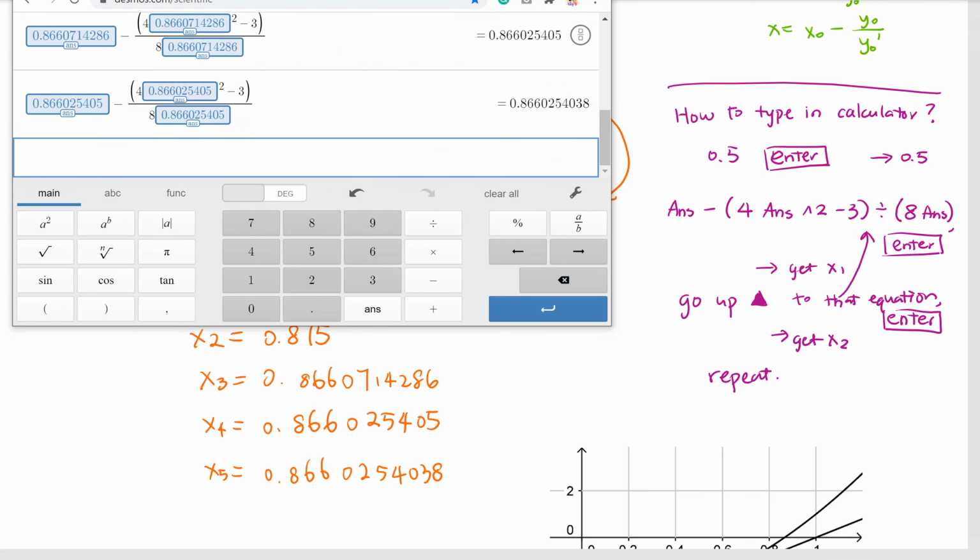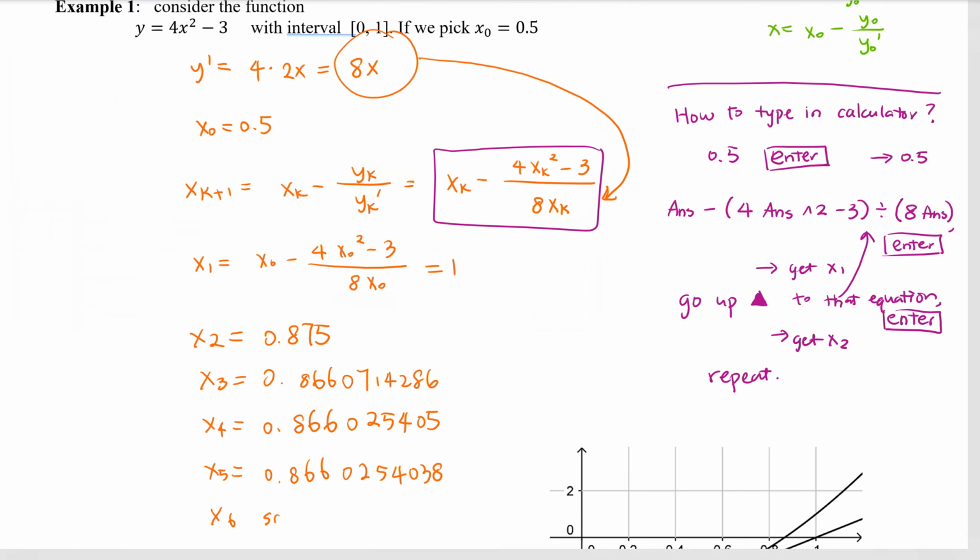And one more. Do you see we get the same answer? Yes. So x6, we get the same answer. This is the place we can stop. Okay? Yeah, we just keep going until we get the same answer.